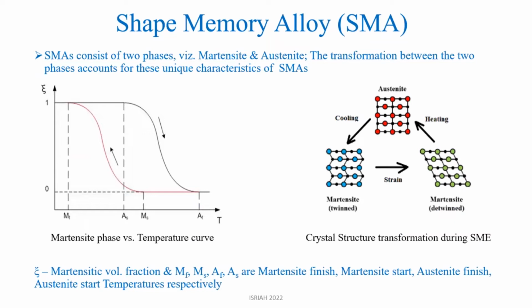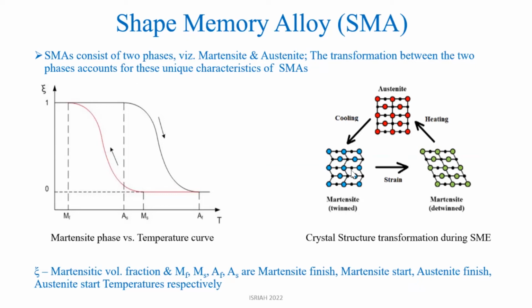These two peculiar effects are due to the fact that SMAs consist of two phases, and one phase transforms into another. That's why shape memory alloy shows these two effects. Shape memory alloys consist of mainly martensite and austenite crystalline states. The transformation between the two phases accounts for these unique characteristics of the SMAs.